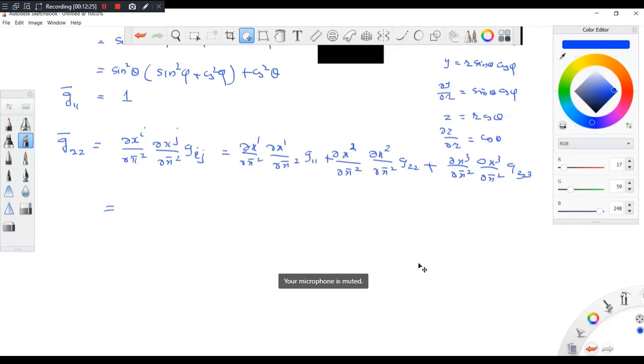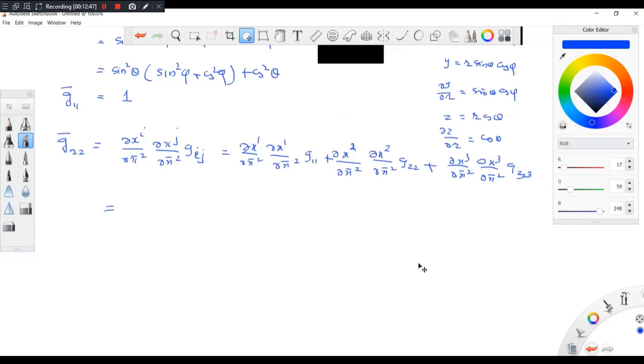So here what is this? This is nothing but (∂x/∂θ)² into 1 plus (∂y/∂θ)² into 1 and (∂z/∂θ)² into 1.